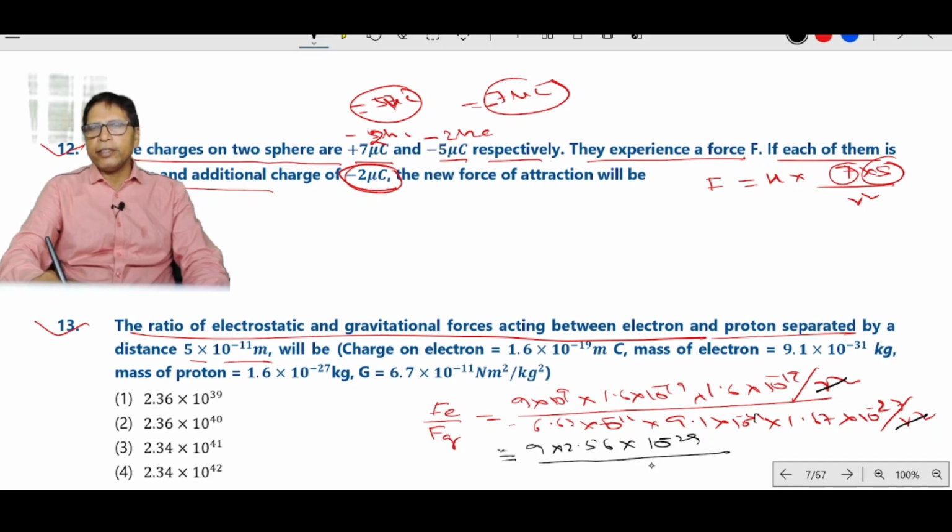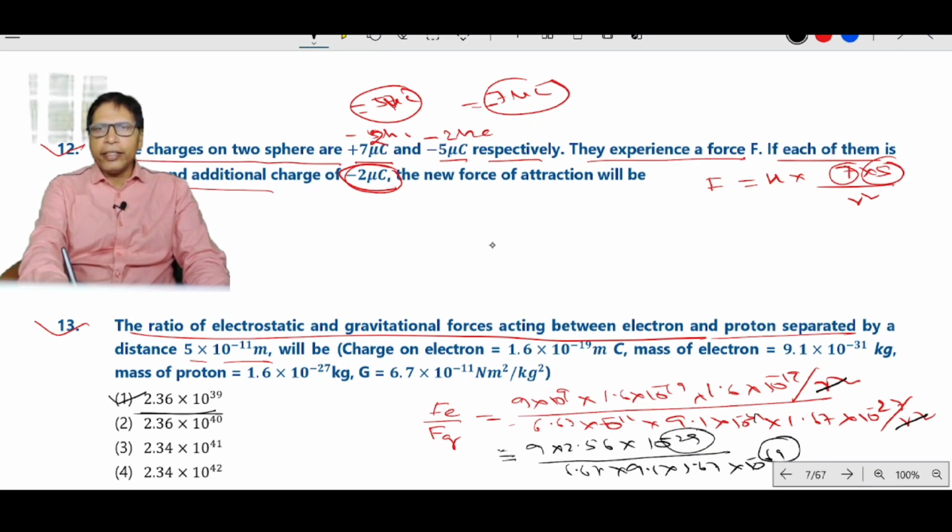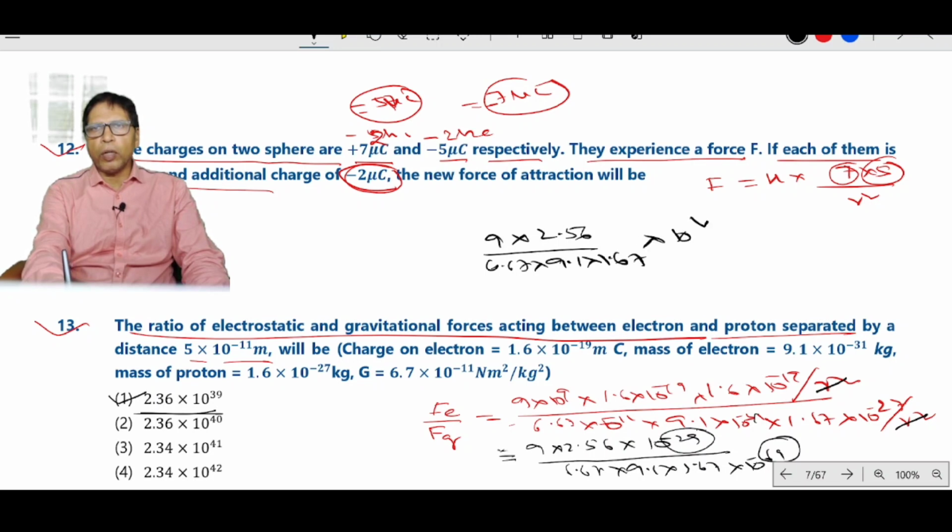This is 6.67 into 9.1 into 1.67 into 10 to the power minus 69. Look at 29 and 69, so this is 10 to the power 40. This is 9 into 2.56 divided by 6.67 into 9.1 into 1.67 into 10 to the power 40.